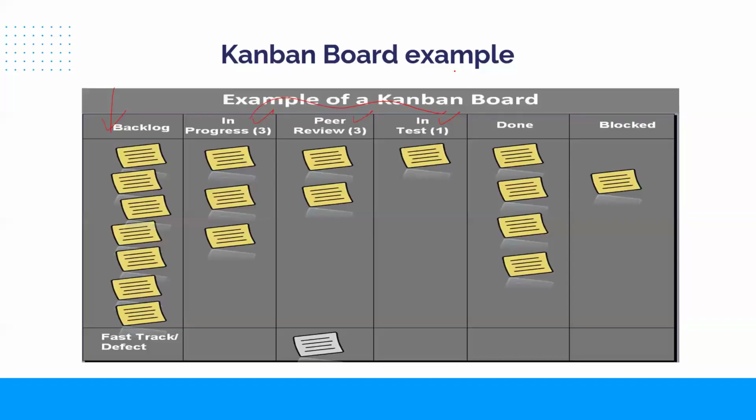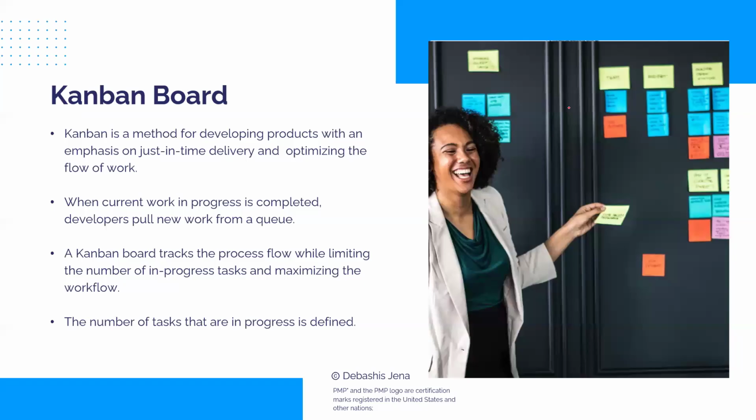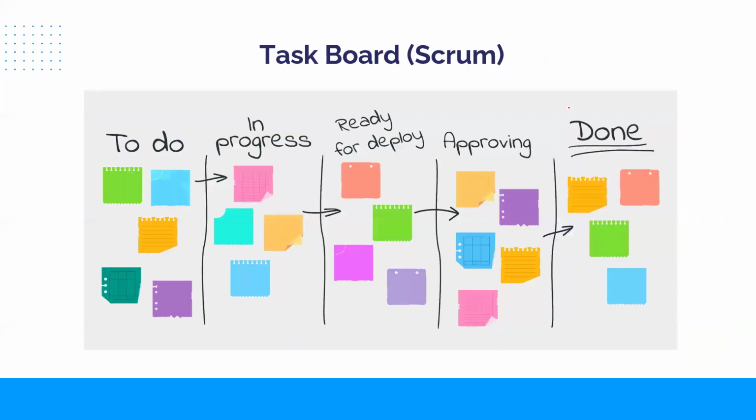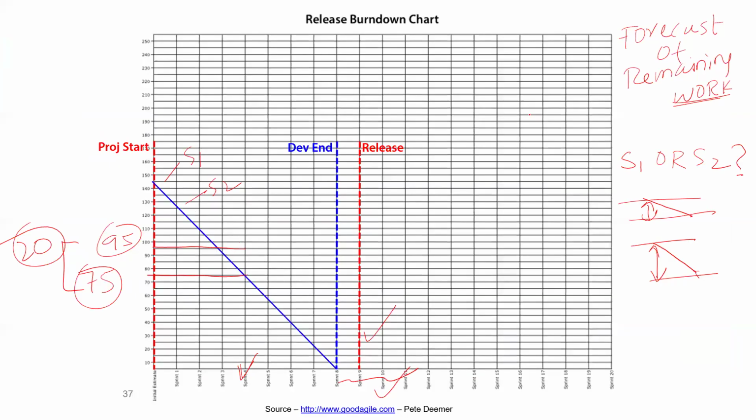Again, these are intermediate stages of development, the way we had it in the task board we saw in Scrum. And this one is done. It may look somewhat similar to the task board we saw. The columns are pretty much similar, but there's a lot of difference, I'll tell you.